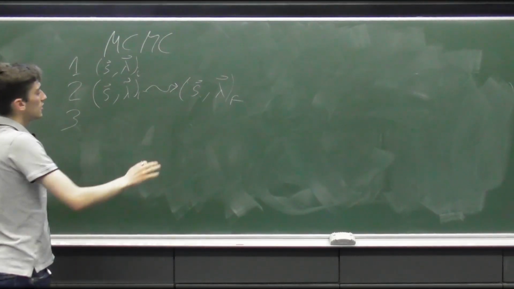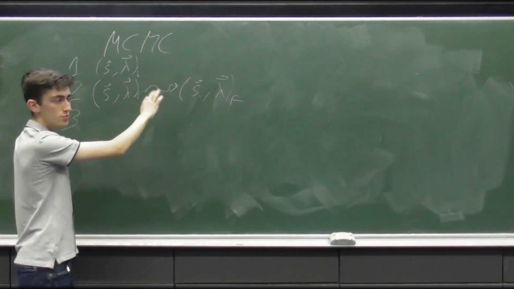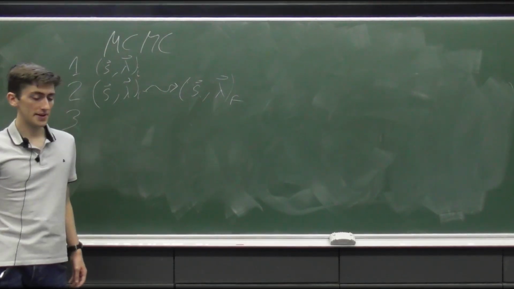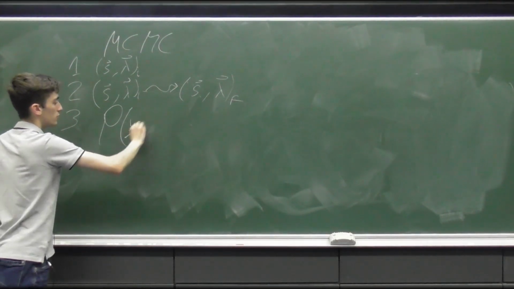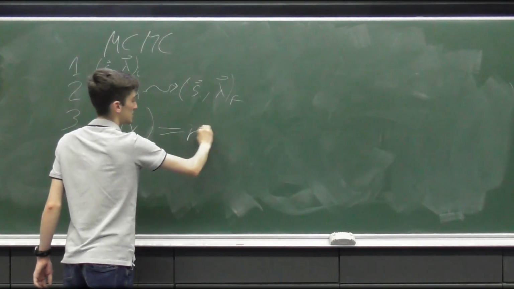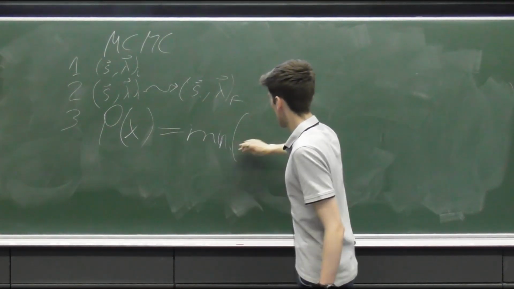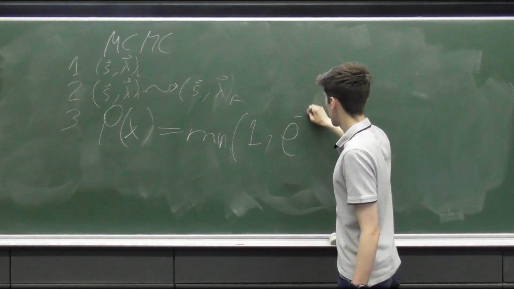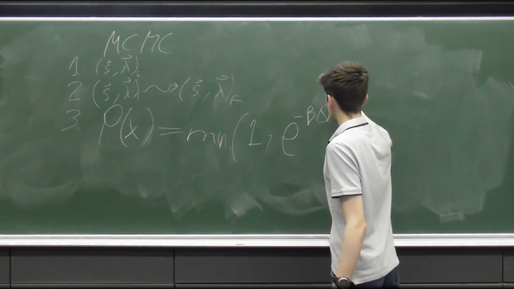We then either accept or reject this new state with some probability. So this takes the form of a probability, which is the minimum of 1 and e to the minus beta delta misfit.